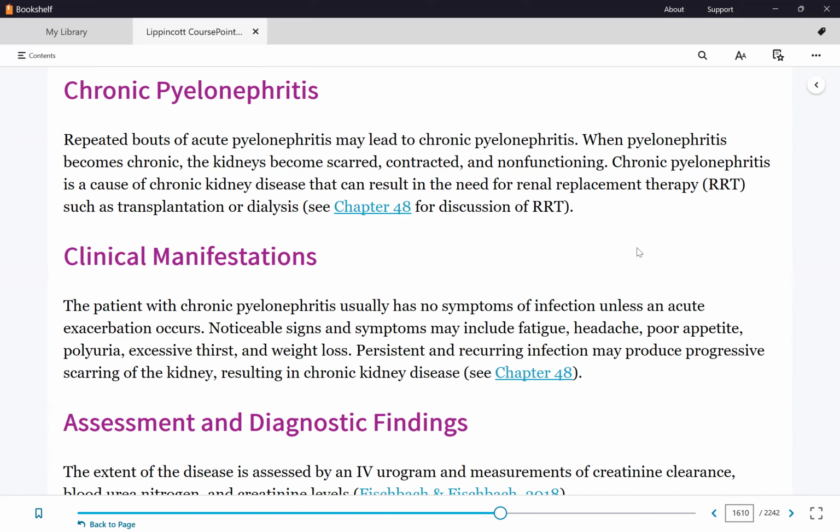Now, the first statement is repeated, right? So repeated or recurrent acute pyelonephritis. There has to be a reason, because keep in mind, how did you get pyelonephritis? Because you got a UTI. That means you had repeated bouts of UTI, and then also repeated bouts of pyelonephritis. Now, there must be something wrong with your anatomy, correct?